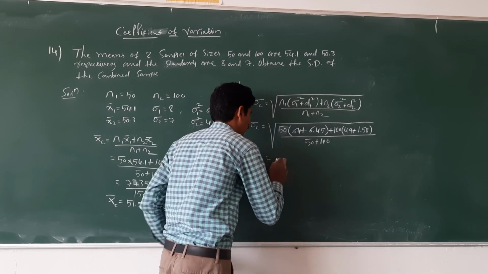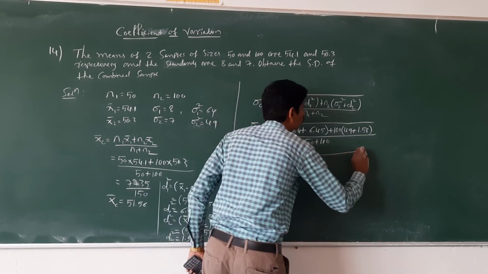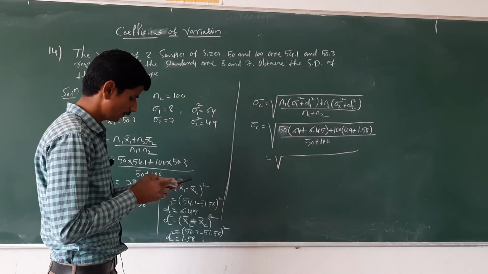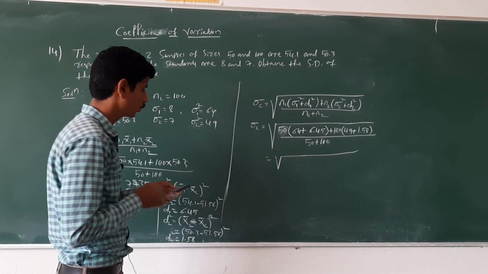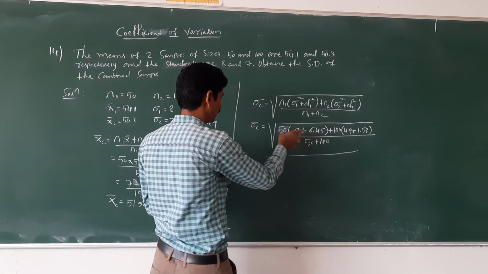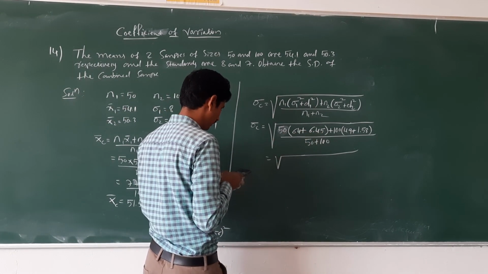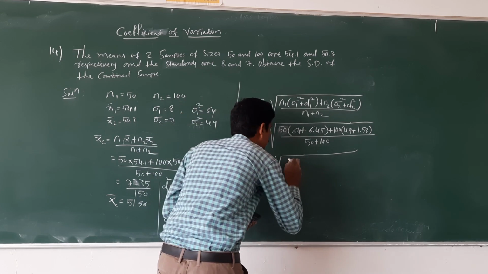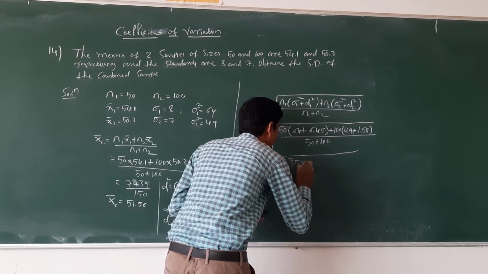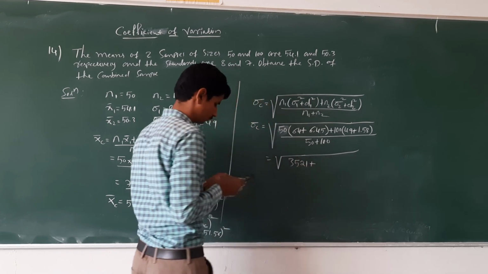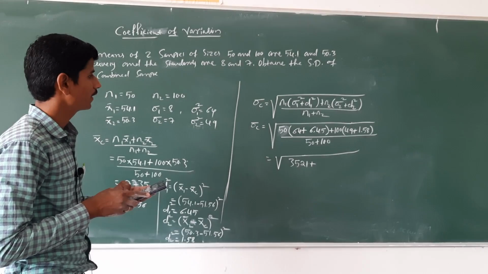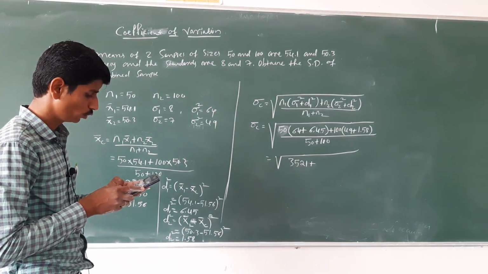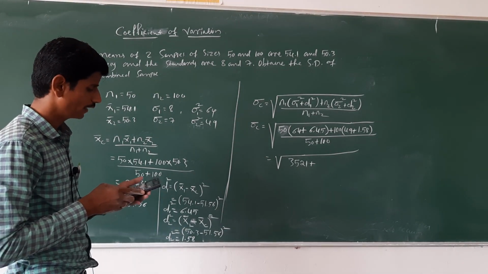The next, under root of 64 plus 6.45 is 70.45, into 50 is 3521, plus 49 plus 1.58 is 50.58, into 100, then you will get 5058.